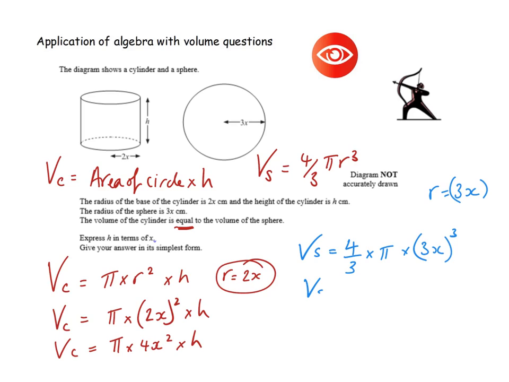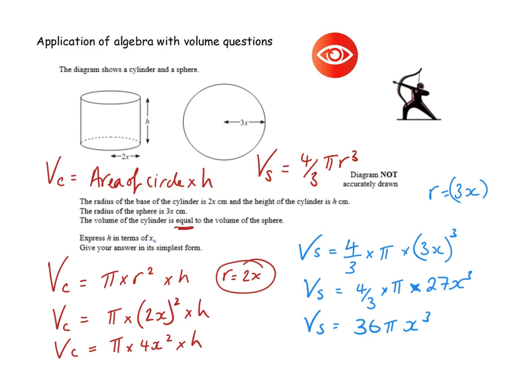So when I expand that out, I'm going to get 27x cubed. I'm then going to simplify that because I can divide the 27 by 3 and then times it by 4. So the volume is actually going to be 36 pi x cubed.